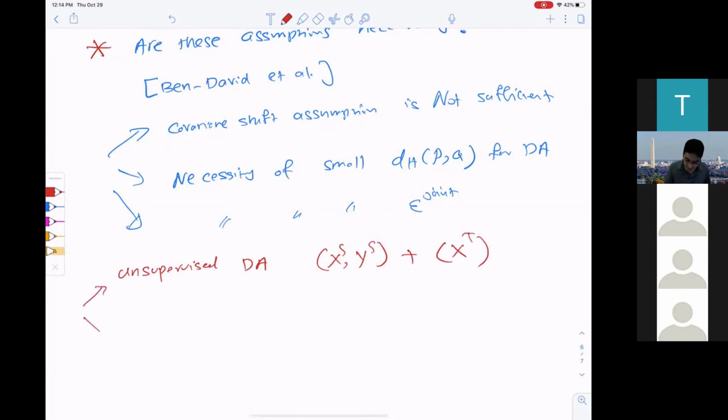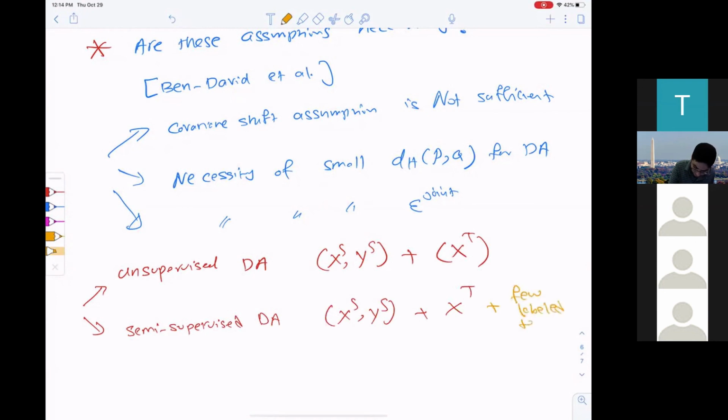Another interesting area is semi-supervised domain adaptation, where you have labeled source samples, unlabeled target samples, but also a few labeled target samples.